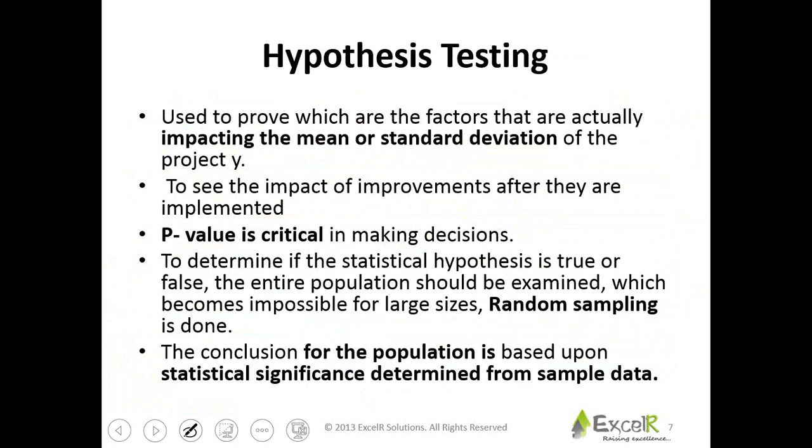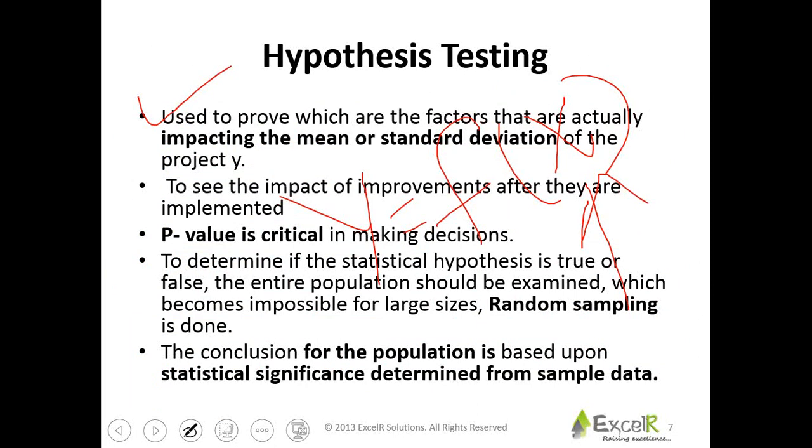Next thing is we need to understand more about hypothesis testing. It is used to prove which are the factors that are actually impacting the mean or standard deviation of the project Y. In Y equals f of x, what are those factors, inputs? Another name for x is inputs or factors.